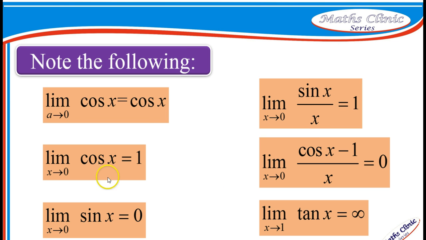Then also take note of the fact that the limit as x approaches 0 of cos x minus 1 over x will be 0. And remember, in our question we have cos h minus 1 over h, so that also is going to give us 0 here. And so we need this principle plus this plus that and the sine of this part to help us solve or to finalize the question that we are dealing with, the proof that we are handling now.